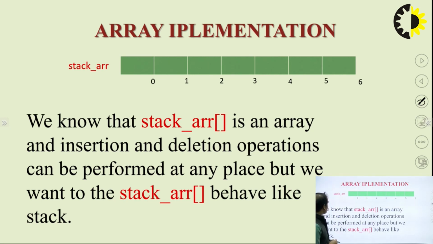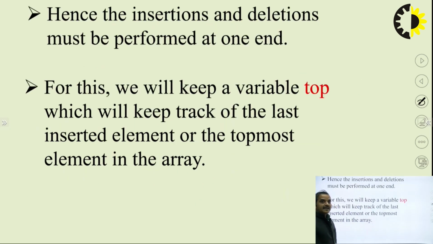We know that stack ARR is an array and insertion and deletion can be performed at any place, but we want it to behave like a stack. At that condition, we have to set certain rules which are implemented on the array.